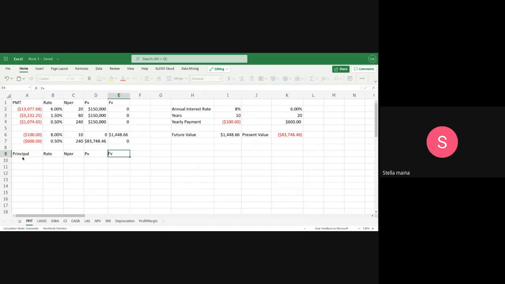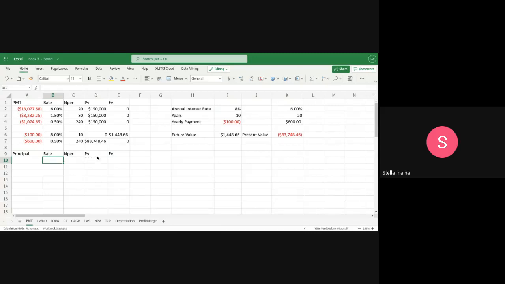So we want to calculate the principal part of a payment. I'm going to first assume that we have been given a loan with an annual interest rate of 5%, a 2-year duration, and a present value of $20,000.